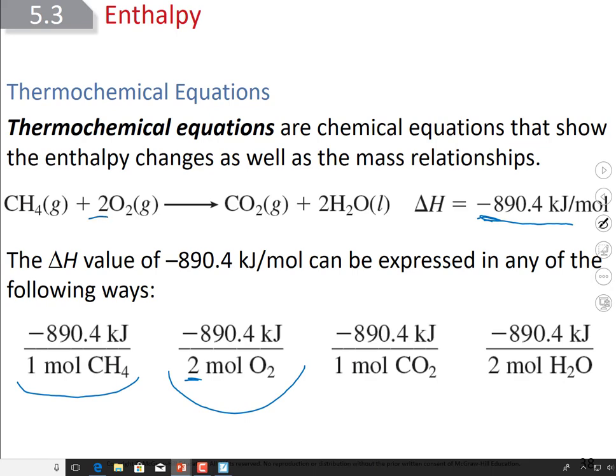Because there's a stoichiometric coefficient of 2 in the equation. In terms of carbon dioxide, in terms of water, again, I have a 2 because there's a 2 in the water there. So all this is saying is I can use my enthalpy term in terms of molar ratios when I'm doing stoichiometry. Now, stoichiometry. How many steps are there to a stoichiometry problem? 3, right? Number 1, get to moles. Number 2, multiply by the molar ratio. These things down here are molar ratios. And then number 3, get back to whatever your desired unit is.